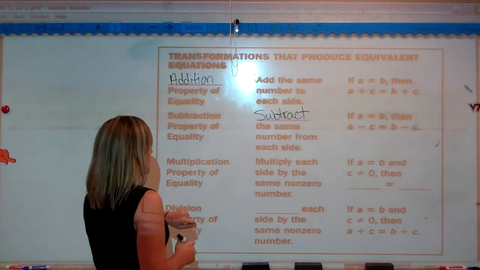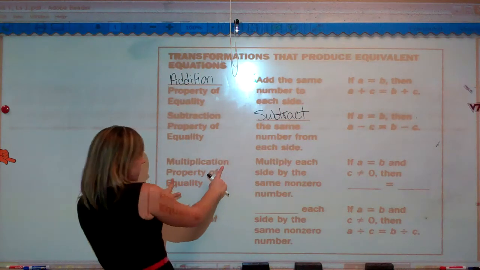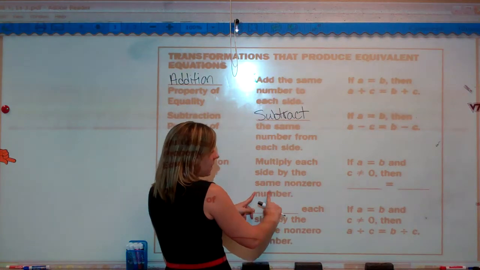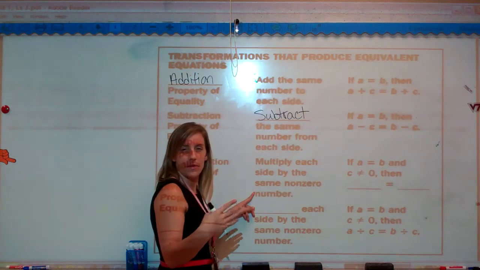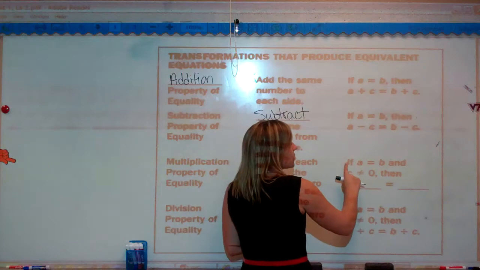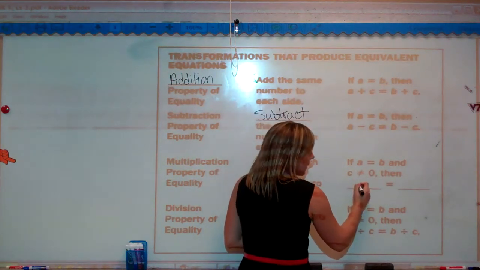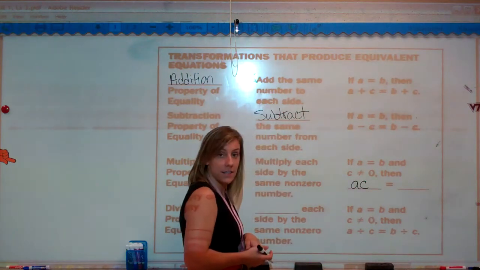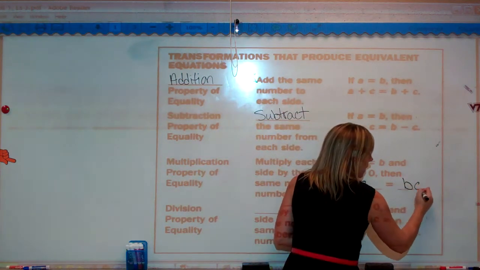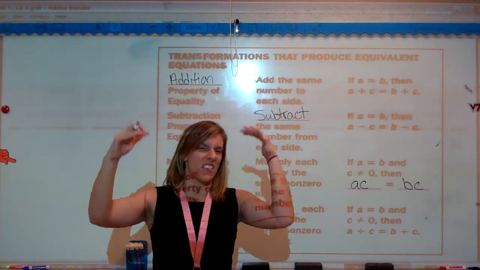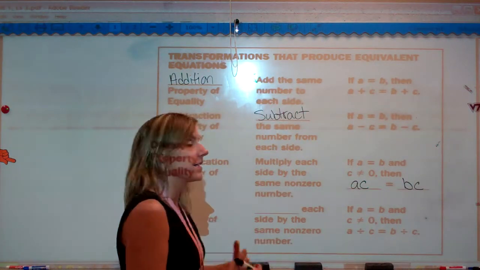Same thing with multiplication and division. So the multiplication property of equality, we multiply each side by the same number as long as it's not 0, because remember, if you multiply anything by 0, you get 0. So if A equals B and C is not 0, then if I multiply the left by C, I also have to multiply the right by C. You just have to remember, whenever you work out equations, you have to do the same to both sides, because that way it stays equal.